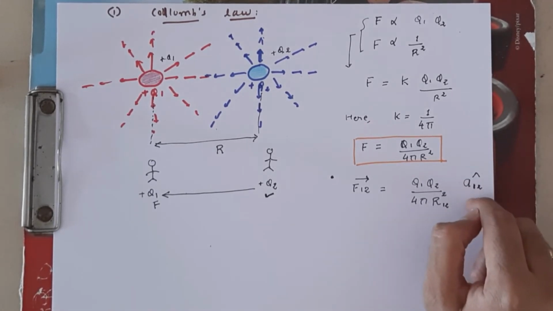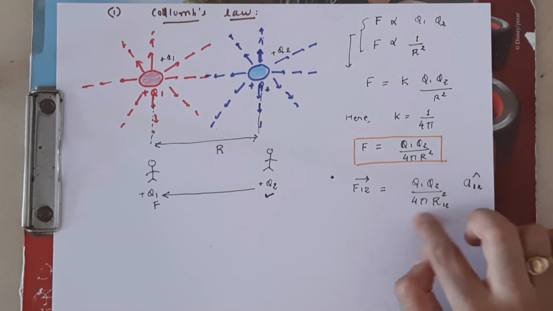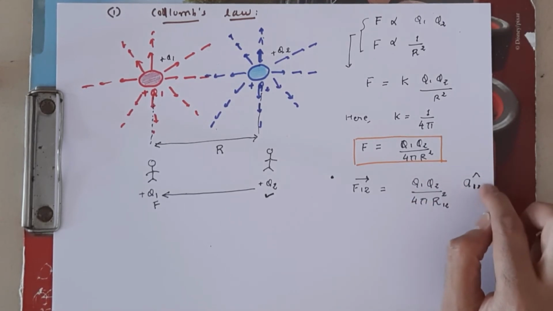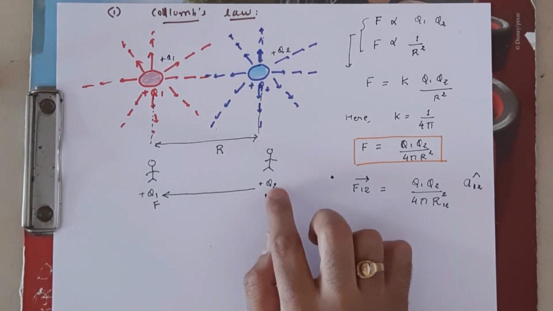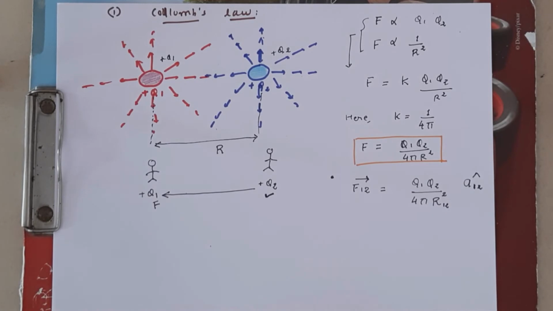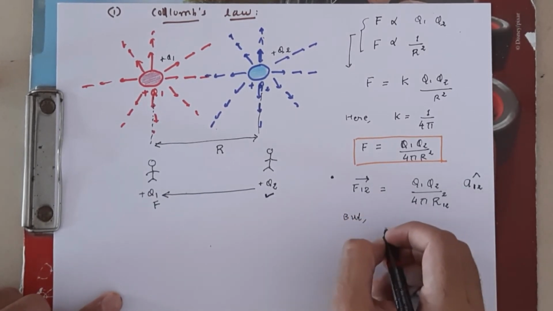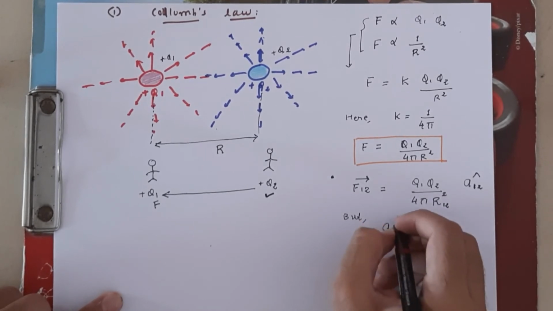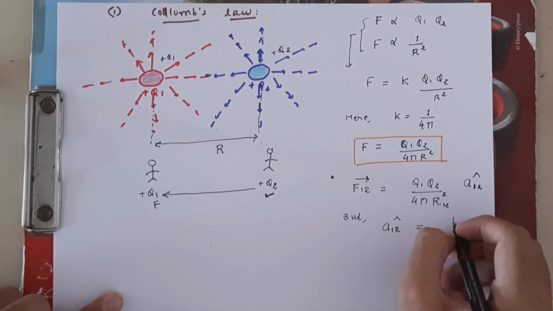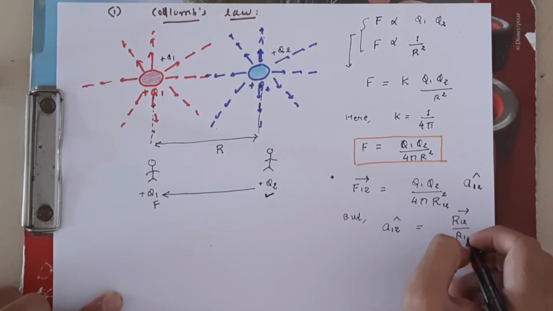And what is the purpose of the unit vector? As we know, a unit vector only gives the direction; it never alters the magnitude. So in which direction is the force applied? Force is applied from point 2 to point 1. So it is a12. But what is the definition of a unit vector? It is nothing but the vector upon its magnitude.